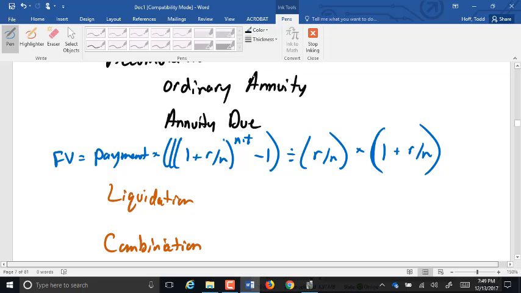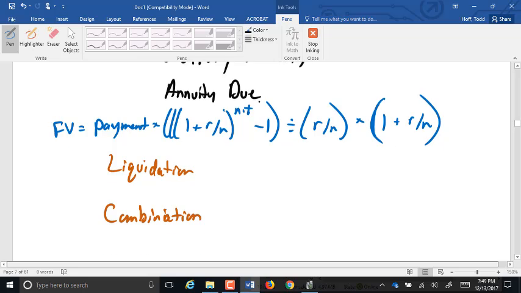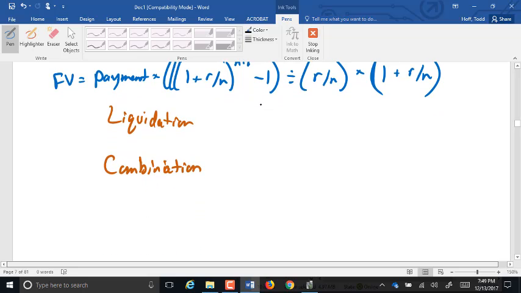The biggest thing on the test is take your time, read the problems carefully, and make sure you know what type of problem it is. I mean, the simple interest most people catch, but they confuse the compound interest and the annuities.